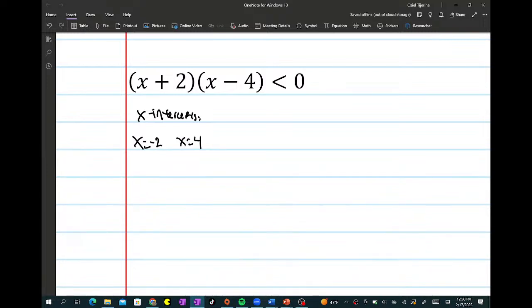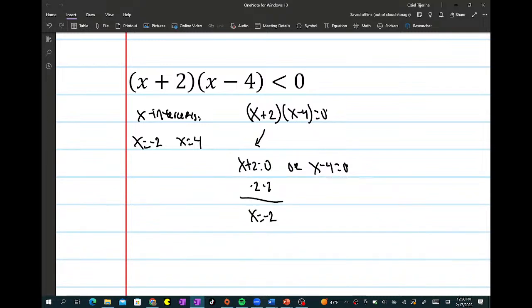If you can do that in your head right off the bat, that is great, because this is exactly why they go over quadratics and the zero product property. But for those of you that don't know how, x plus 2 times x minus 4 equals 0. Use zero product property: x plus 2 equals 0, or x minus 4 equals 0. Subtract 2 on both sides, x equals -2. Add 4 on both sides, x equals 4.